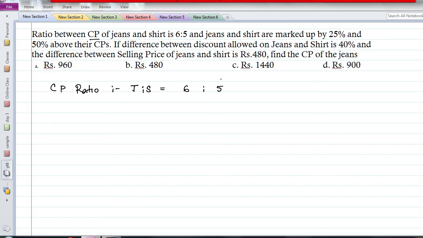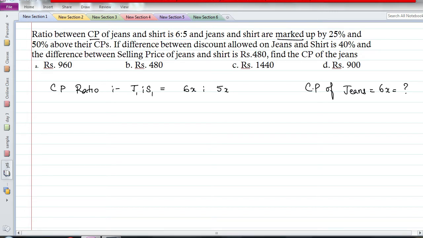So let's consider cost price of jeans is going to be 6x rupees and cost price of shirt is going to be 5x rupees. So what is that we need to find? Cost price of jeans. This is what we are supposed to find, which is 6x rupees. So if we know the value of x, we can find out what is 6x and that is our answer.